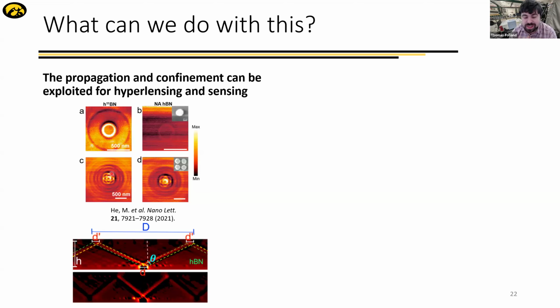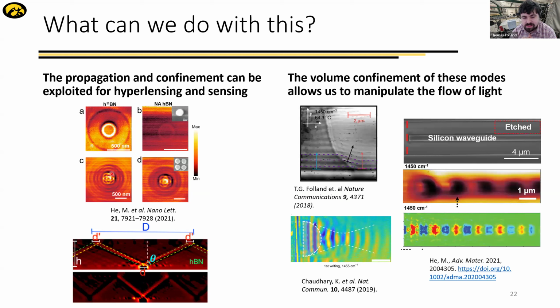Another interesting property of these polaritons is that they propagate on the surface, but if you change the substrate underneath the flake, you can change the properties of the polariton. So it follows Snell's law, and you can even make waveguides for polaritons just by patterning the substrate underneath. So this is kind of an interesting thing.